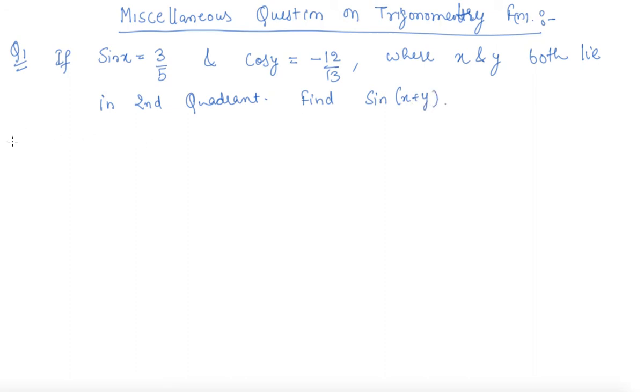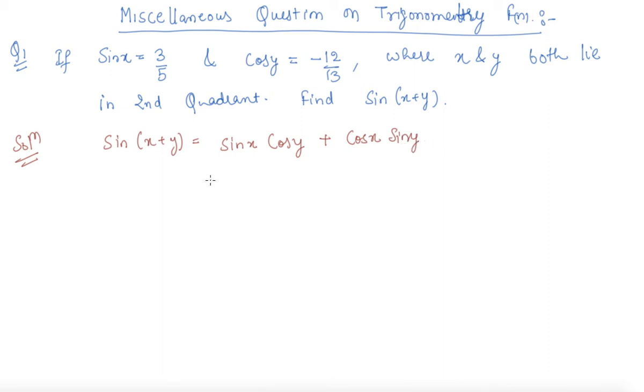How to proceed with these types of questions? First we have to find the value of sin(x plus y). I will directly use the formula sin x cos y plus cos x sin y.